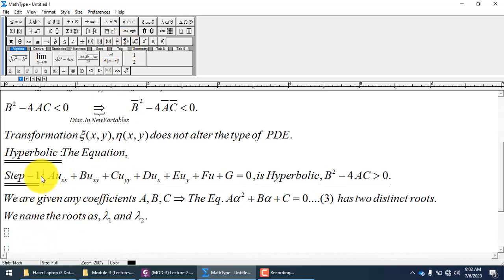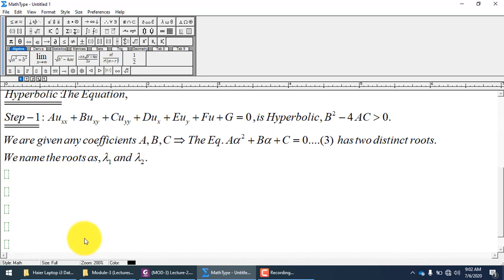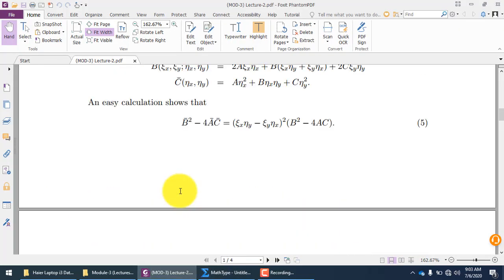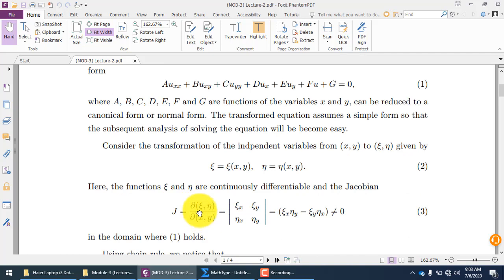After that, the second step will be that you have to find the transformation, because in the canonical form you actually define the transformation. In general this is a function of x and y, but in particular, when you are given the partial differential equation, how you calculate it depends upon whether your equation 1 is parabolic, elliptic or hyperbolic.